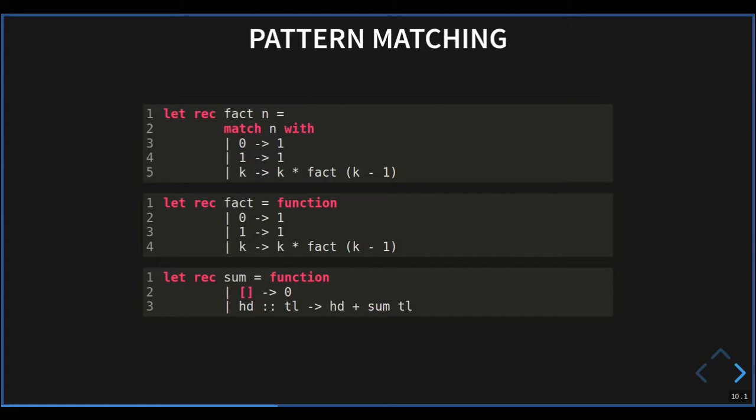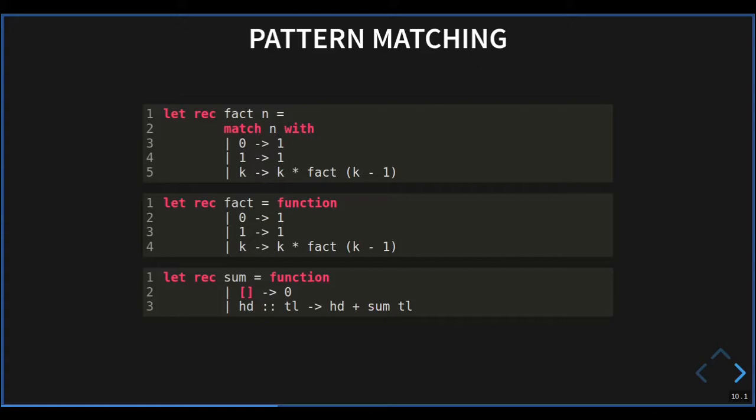And the second pattern is a bit more complicated. It uses this double colon operator. This is basically a constructor for lists. So an empty list will be matched by this first pattern, the empty brackets. And here we are matching a non-empty list.